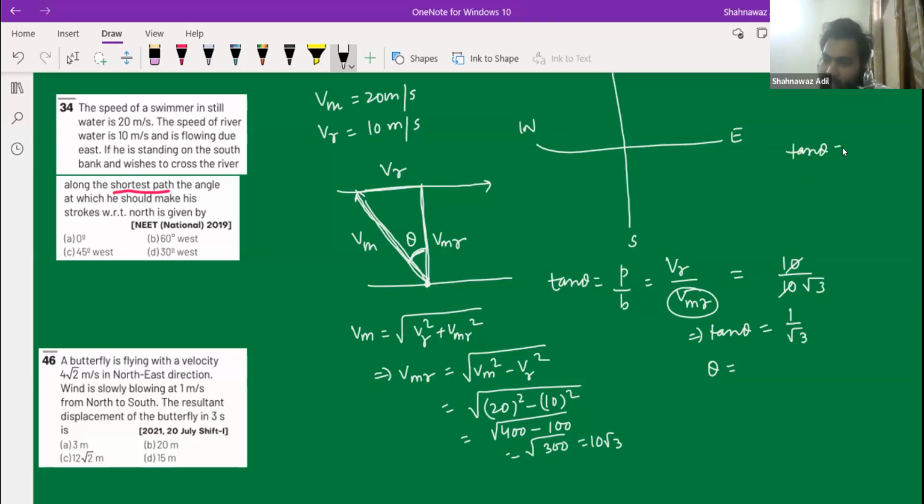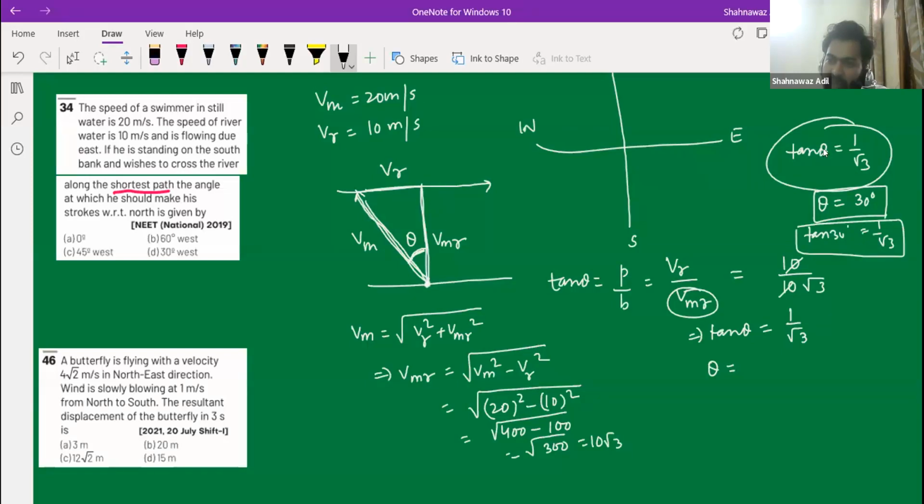What is the theta for which tan theta is 1 by root 3? So theta is 30 degrees, right? For theta equal to 30, tan 30 is 1 by root 3. This value you know, right? So theta is 30 degrees, and we are going 30 degrees west. So this would be the answer. Is it clear, guys?